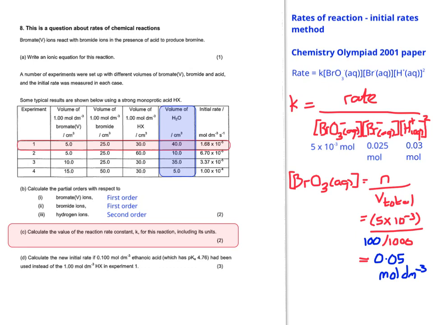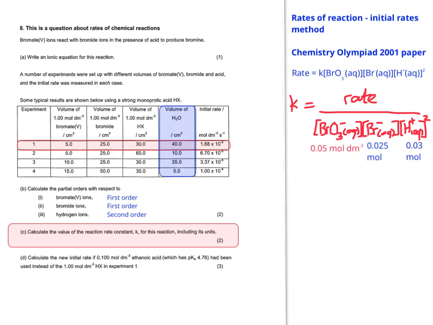Now in blue I've put in 100 because 5.0 plus 25 plus 30 plus 40, in fact all of the volumes added up together gives you 100. In terms of decimeters cubed, you have to divide that by 1,000. So the complete calculation gives us 0.05 moles per decimeter to the minus 3.